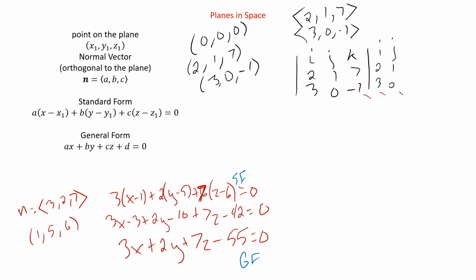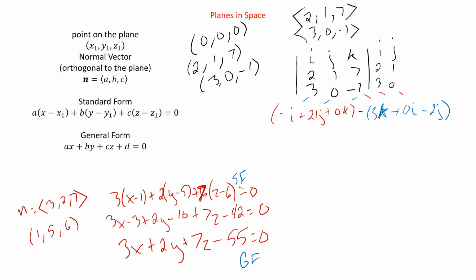Do the positive ones. That's going to be a negative i. 3 times 7 is 21j. 0k, minus, go this way now, 3 times 1 is going to be 3k. That was a horrible k. 0i and minus 2j.